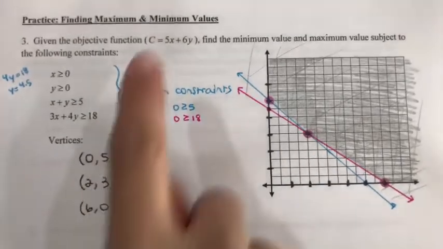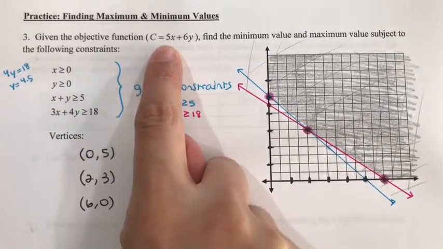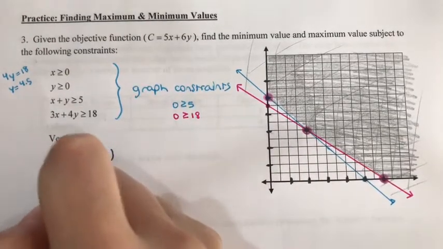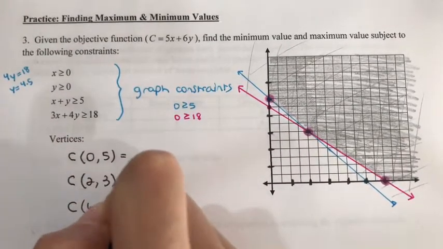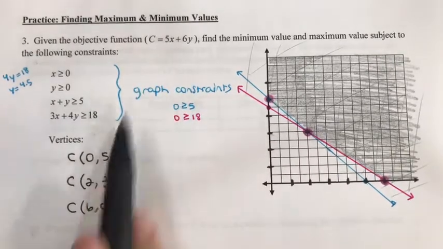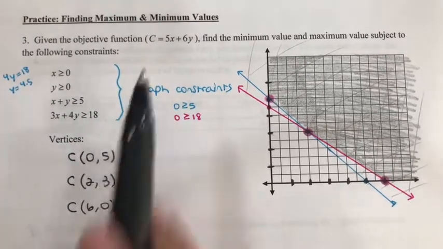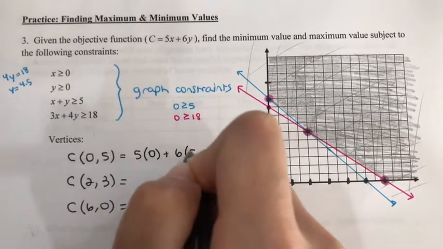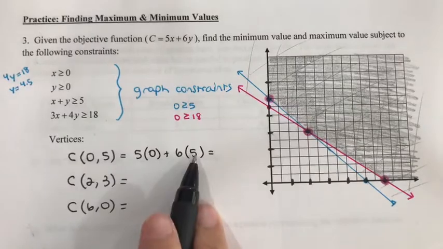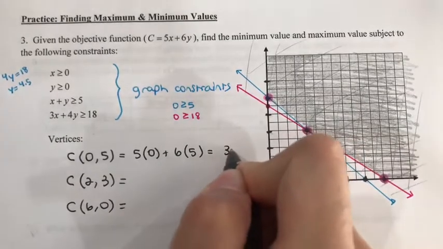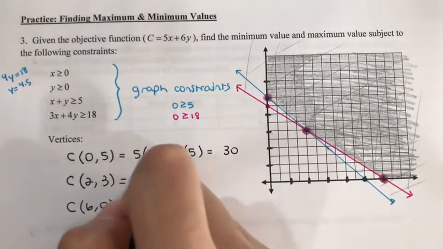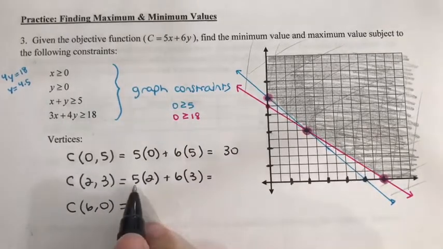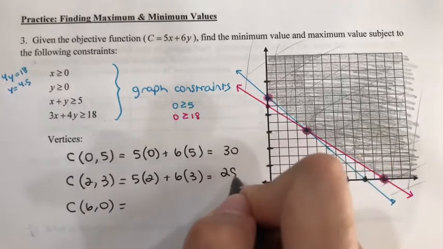Now what we need to do is plug these vertices into our objective function. So I like to say C, probably representing the cost, and then we're going to plug the x in for x and the y in for y for all 3 of these. So our first situation, we end up with a cost of 30. Our second coordinate is 28.